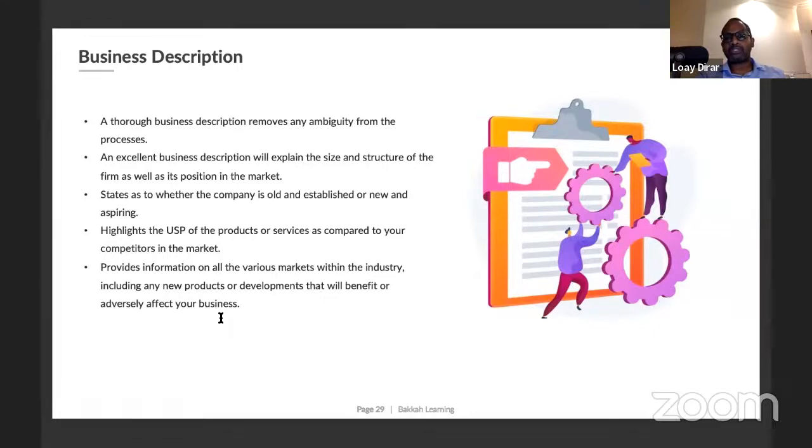The unique selling proposition of the products or services compared to your competitors. How are we going to differentiate from the other players in the market? Unique selling propositions or unique selling points.